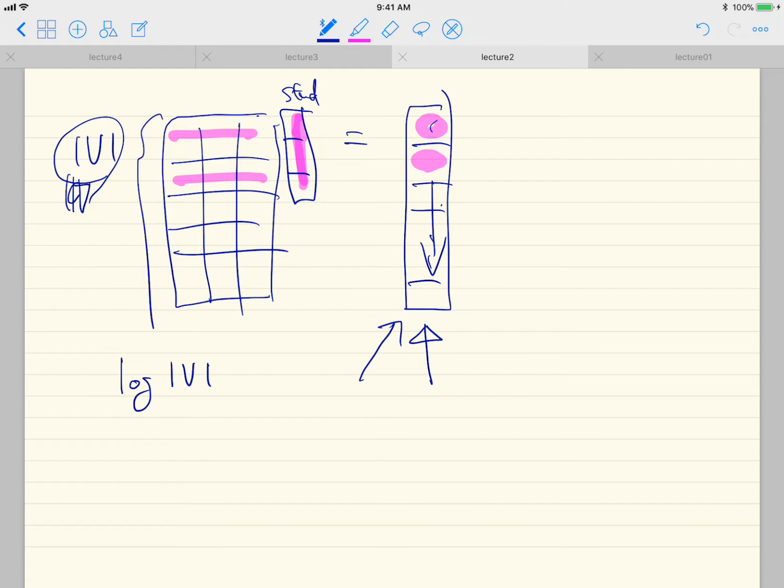So if we have maybe 100 different vocabulary size, and then if we use this, no, it's log, the base should be 2. So for example, if we have 128 as a vocabulary size, we only need 7 inner product computations.